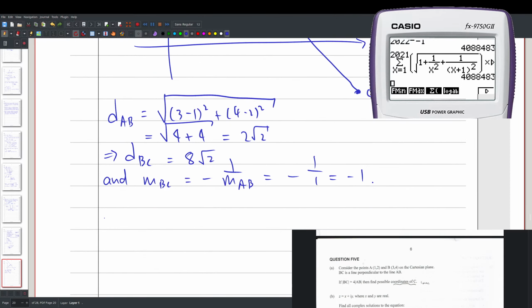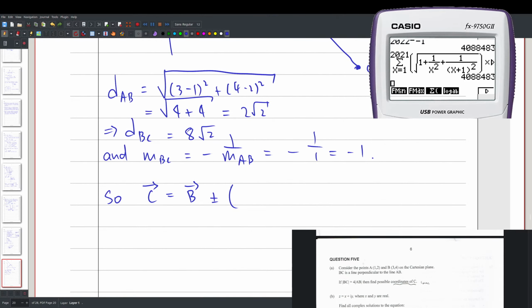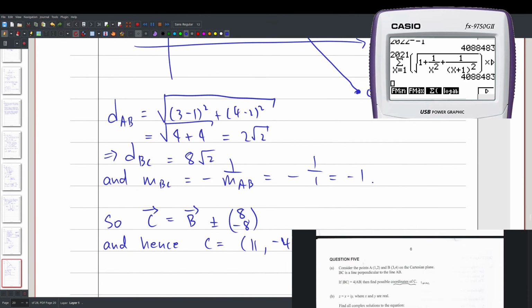So the vector C is equal to the vector B plus or minus the vector (8, negative 8). And hence C equals (11, negative 4) or (negative 5, 4), probably.